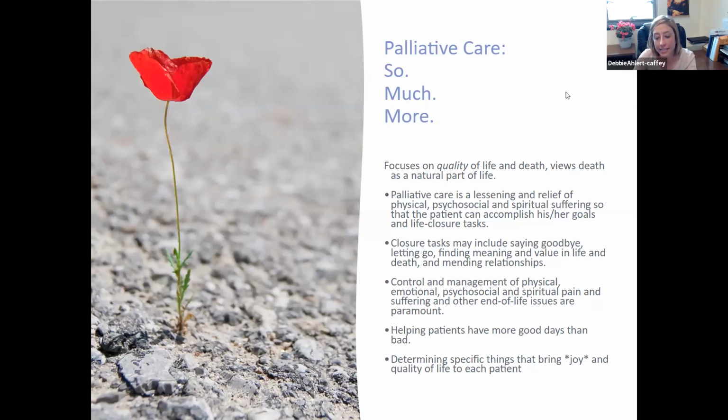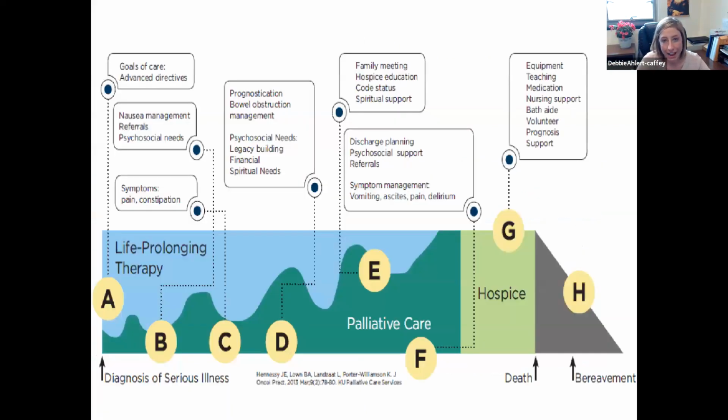The next slide is more of a graphic, and not so much to focus on the little boxes, more of the big long thing at the bottom. This is from KU Palliative Care Services. They made this little picture here, and one can see the life prolonging therapy and where palliative care begins there with the green.